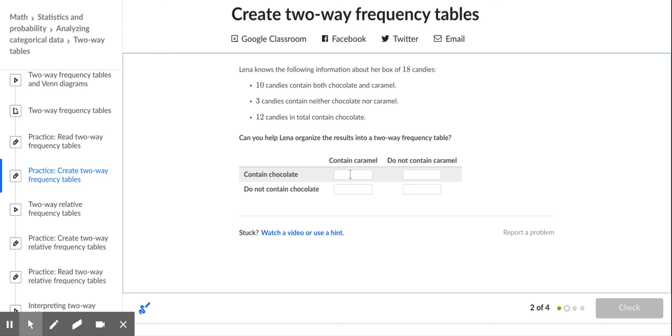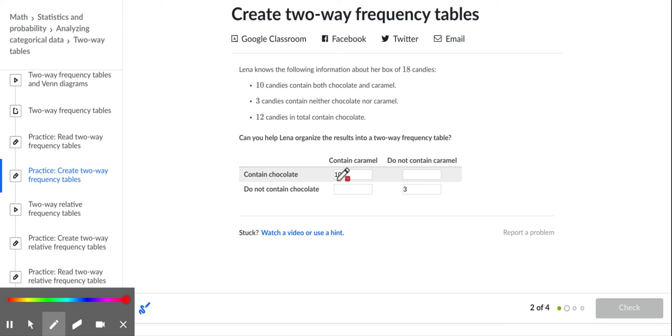So contain both would be this box. 3 contain neither. Contain neither is this box. 12 candies in total contain chocolate. So that's not a specific number. That's not a specific box, okay? We're told that 12 candies in total contain chocolate.